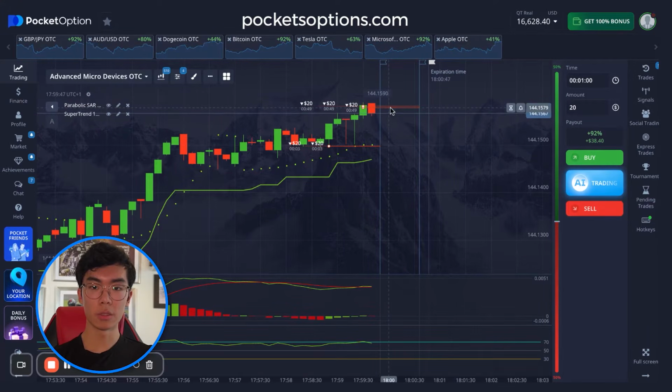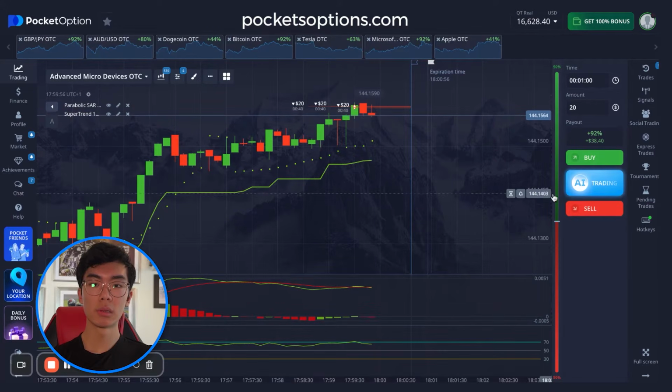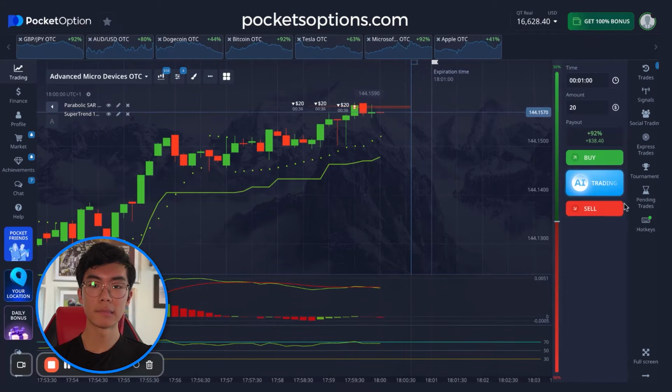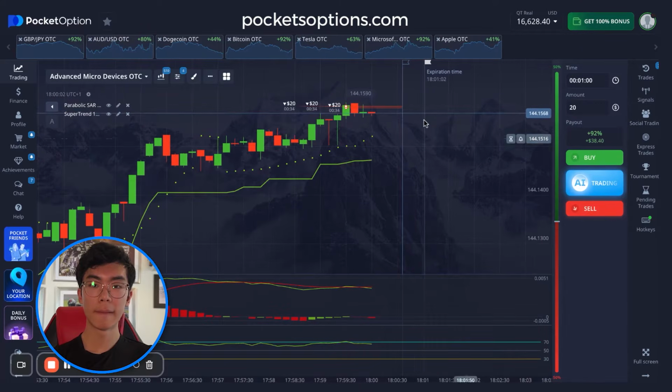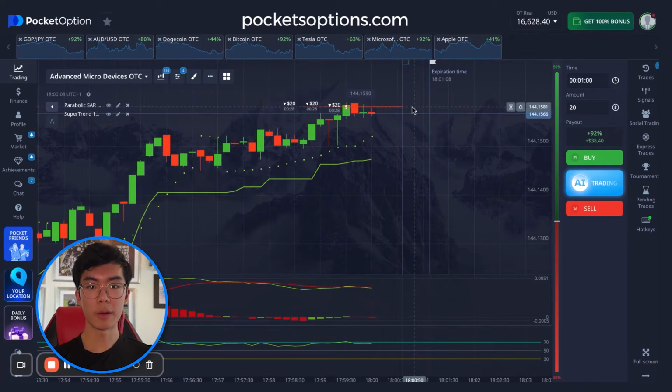Okay, so it's below this line right here. Good sign. Perfect. So we're around 30 more seconds for this trade right here.